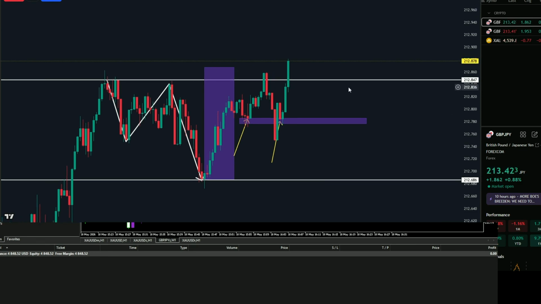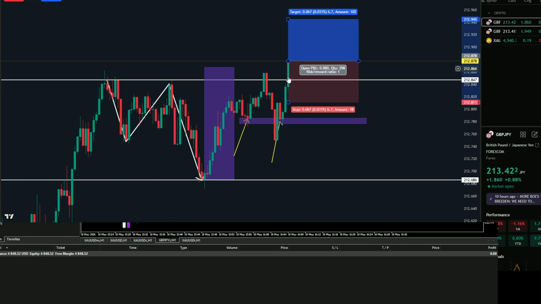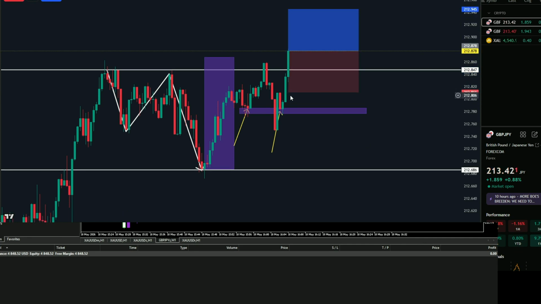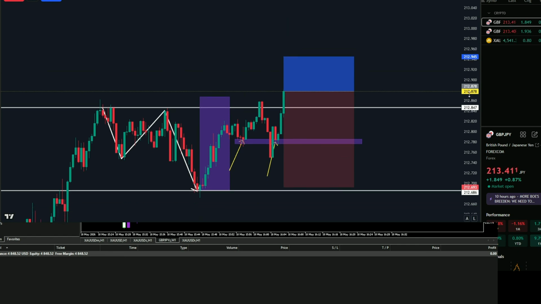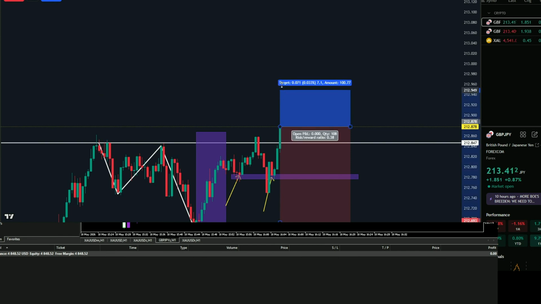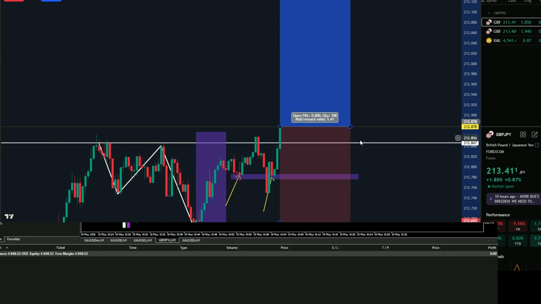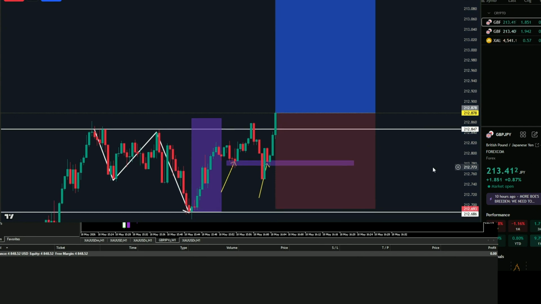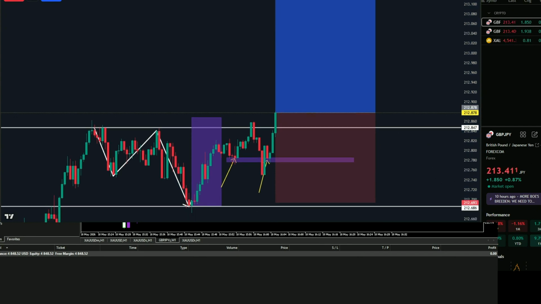So on the closure of this candle here, we are able to put in our buys here. Then our stop loss was below our area of confluence. Okay, then we're expecting the market to continue making new highs just like that.